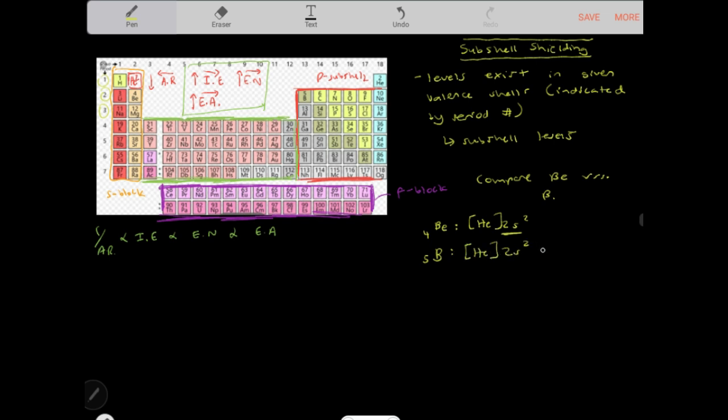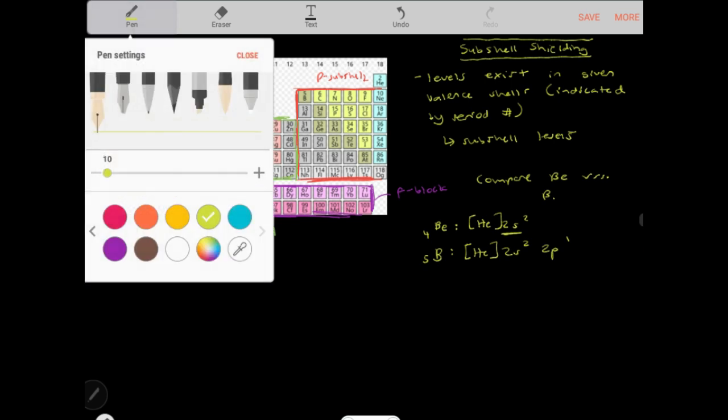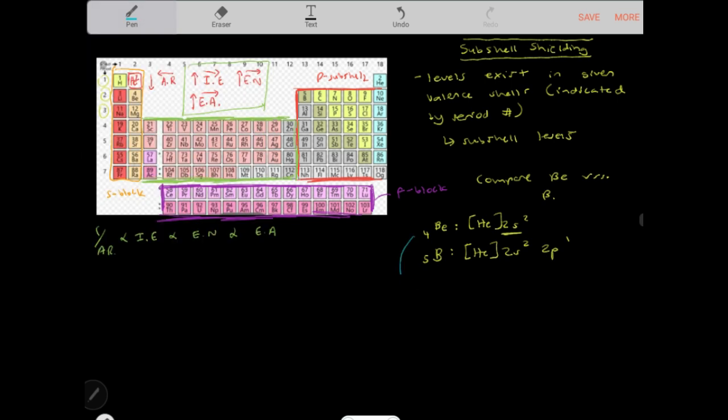You have 2s2, 2p1. Okay, now if I drew out an orbital diagram to demonstrate this, if I looked at beryllium here, we have helium, and then we have 2s2. And if I take a look at boron here, let's use a different color. We have helium out here.